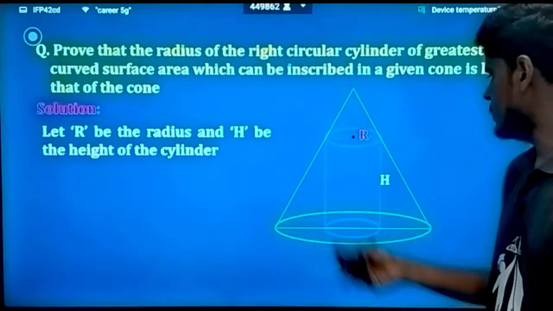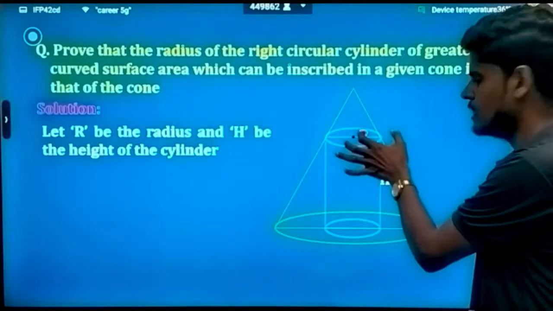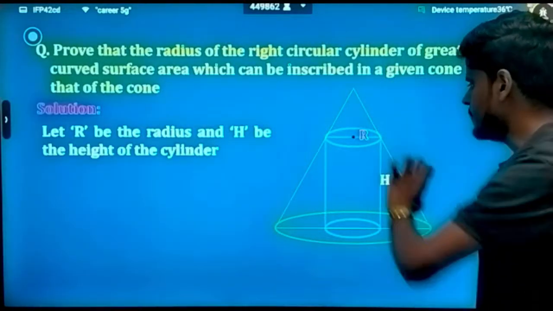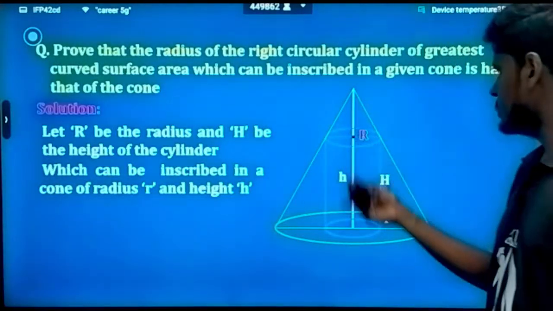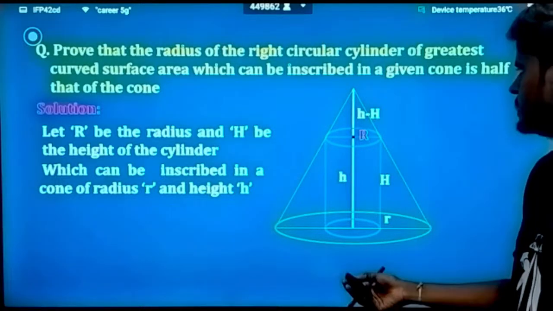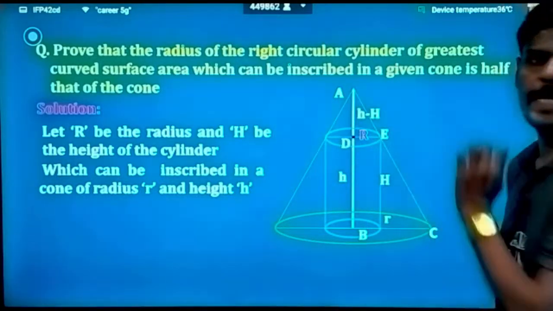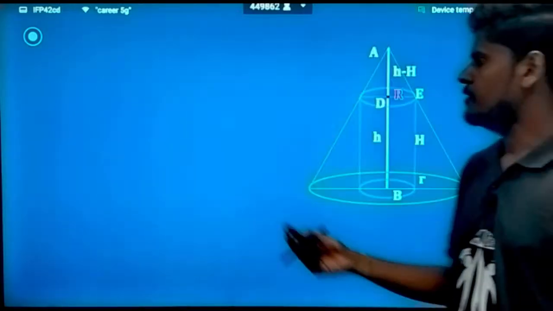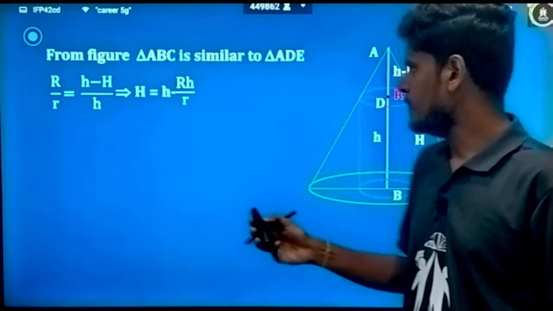Capital R is the radius of the cylinder and capital H is the height of the cylinder. Similarly, for the cone, small r is the radius of the cone and small h is the height of the cone. Let's name this. These two triangles will be similar and we can form the condition based on that. That is the condition we obtain.